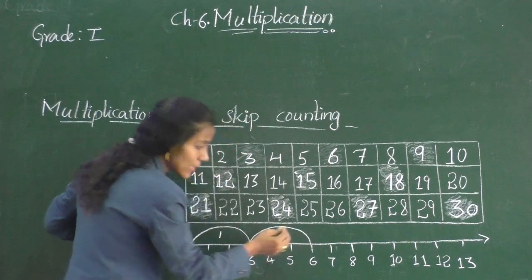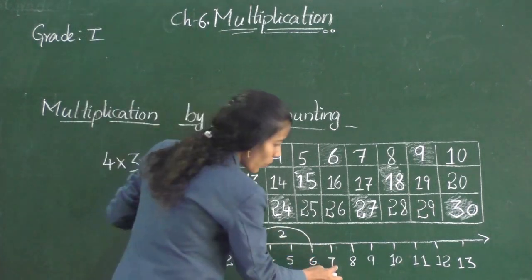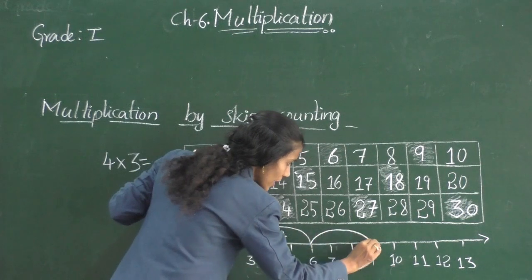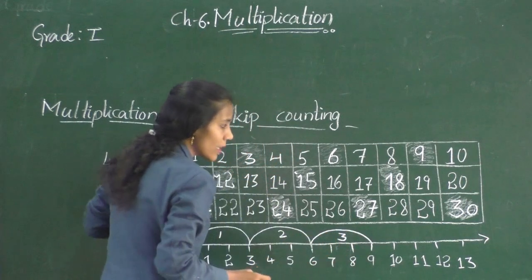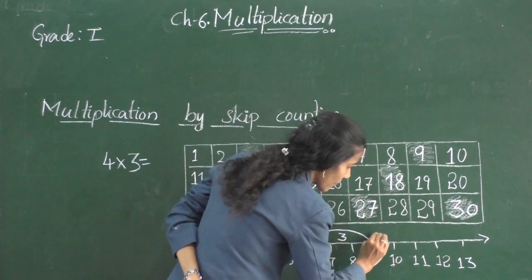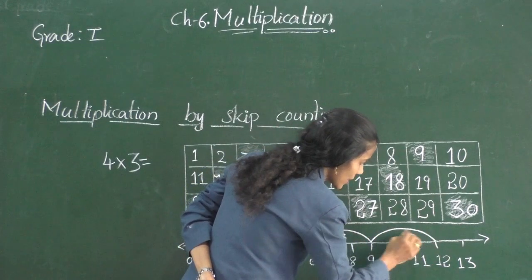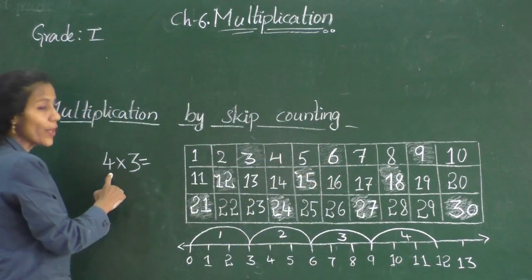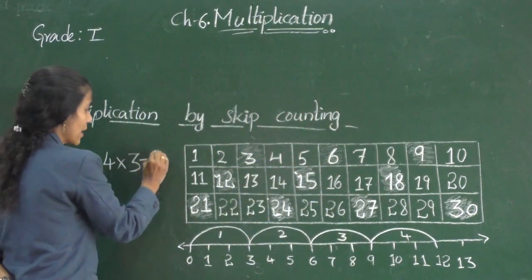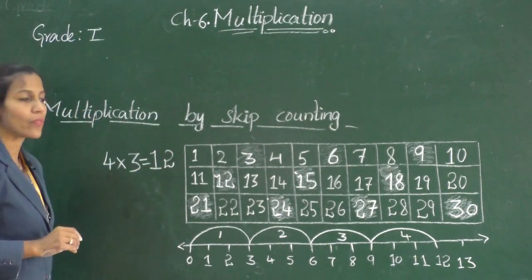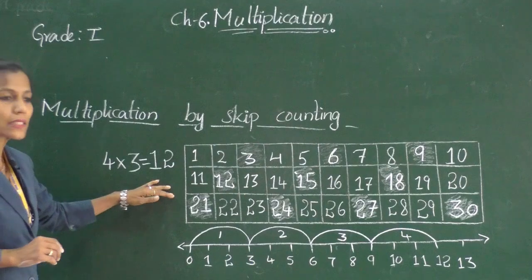So this is your second jump. 1, 2 and 3. So this would be the third jump. Next 1, 2 and 3. So this is the fourth jump. So 4 into 3 is 12. 4 into 3 is 12.